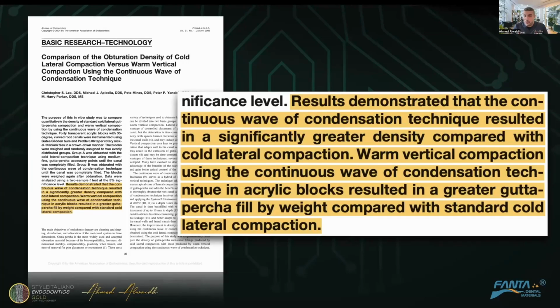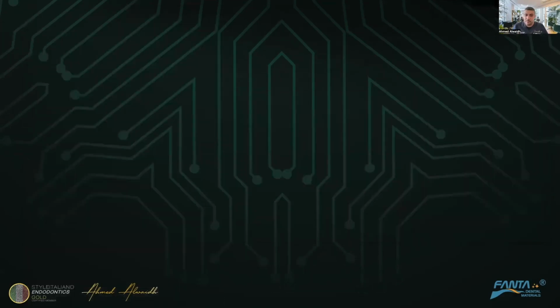So this paper illustrated that we have more gutta-percha when they compared two blocks of the same size, one obturated with a cold lateral technique and one with thermal. They found more gutta-percha with thermal, that means more space is being filled with gutta-percha. That means that in cold lateral, we have more voids that were not filled with gutta-percha.